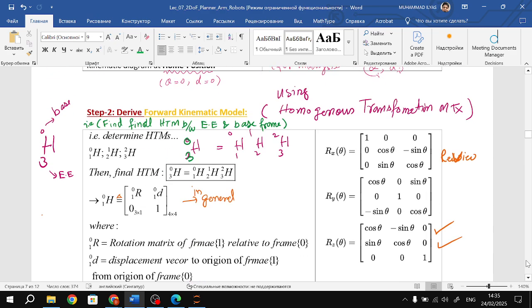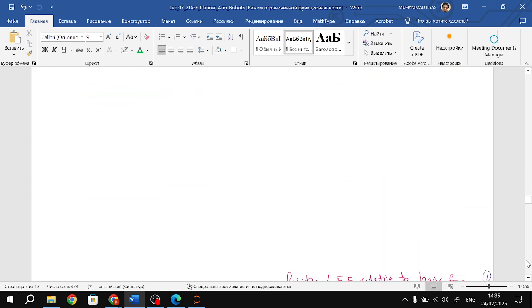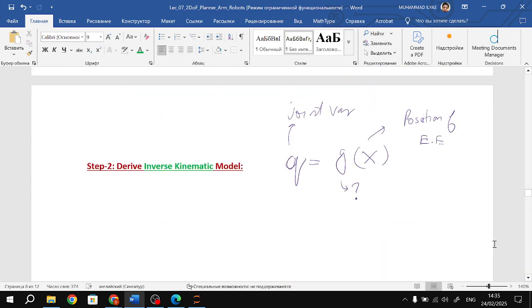Let's go to our inverse kinematic. Here it means that we have to find theta 2 and d3, and we are given the x position and y position of the end-effector. This relation is known.